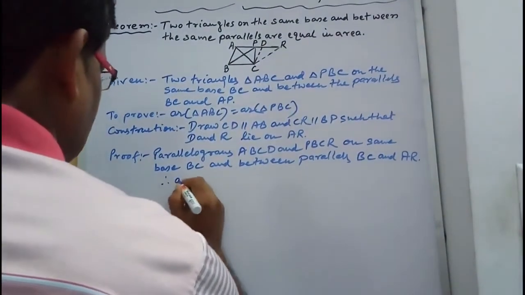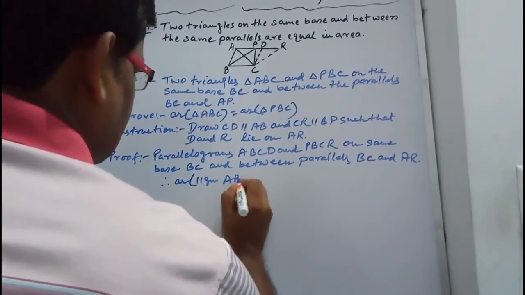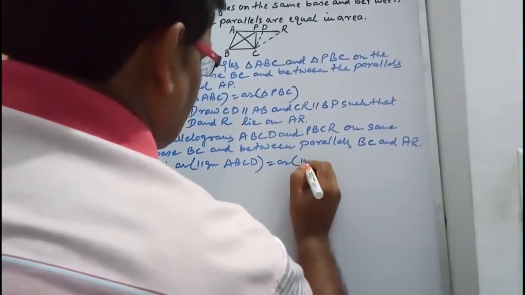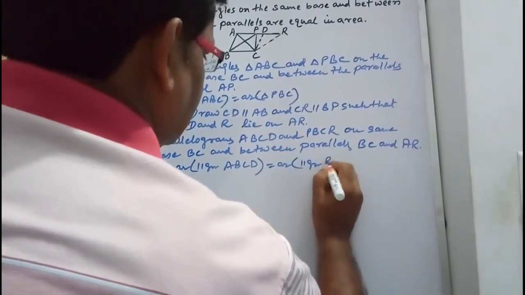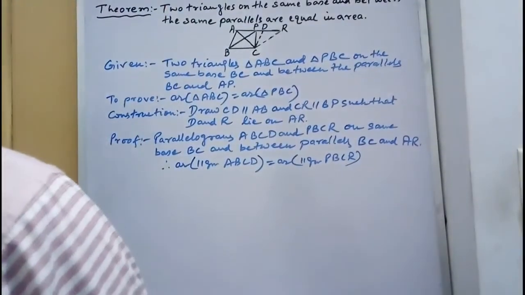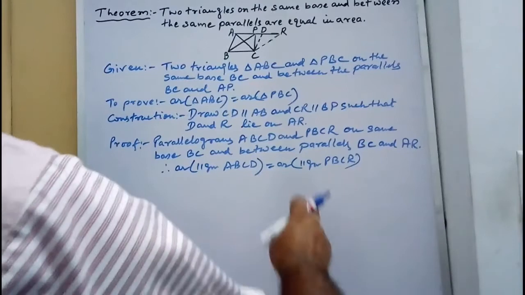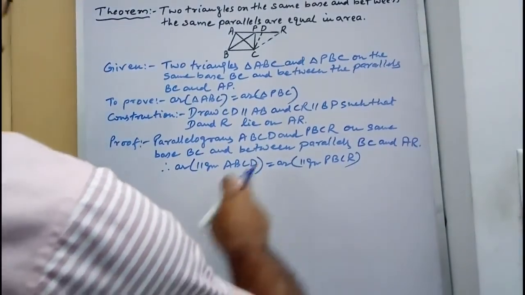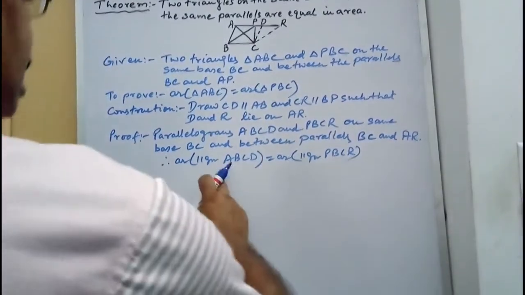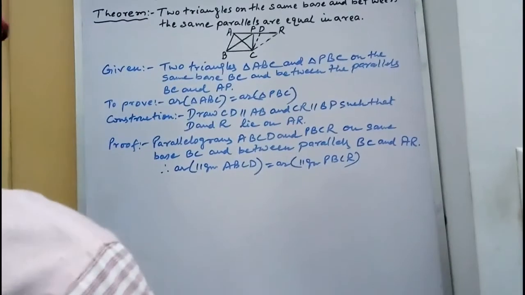Therefore, area of parallelogram ABCD is equal to area of parallelogram PBCR, as we know that when parallelograms lie on same base and between same parallels, then these two parallelograms are equal in area.